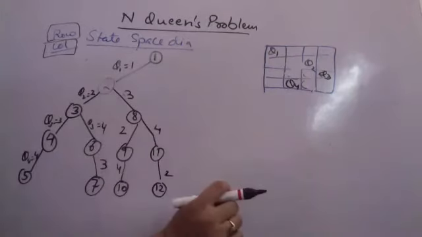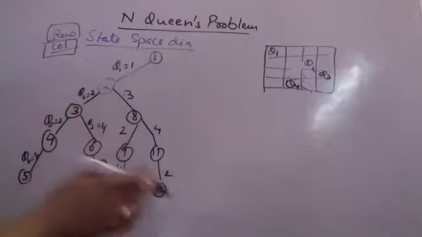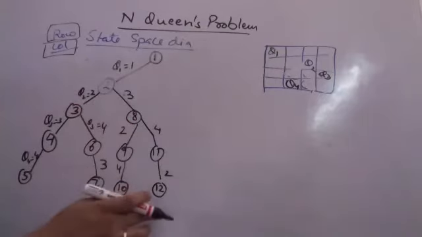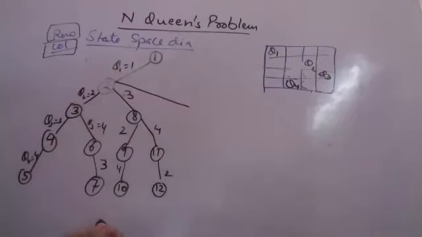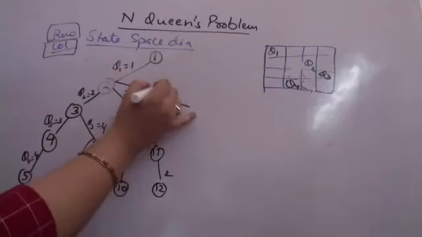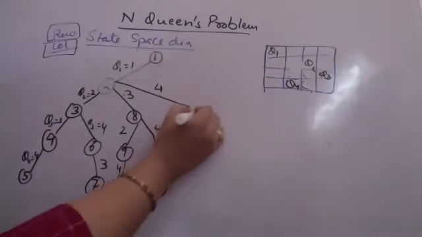This is one solution. Again backtrack, no more positions possible for 3 or 4. Go back here, take another position of queen 2 which is now the fourth cell. I hope you all are getting this.